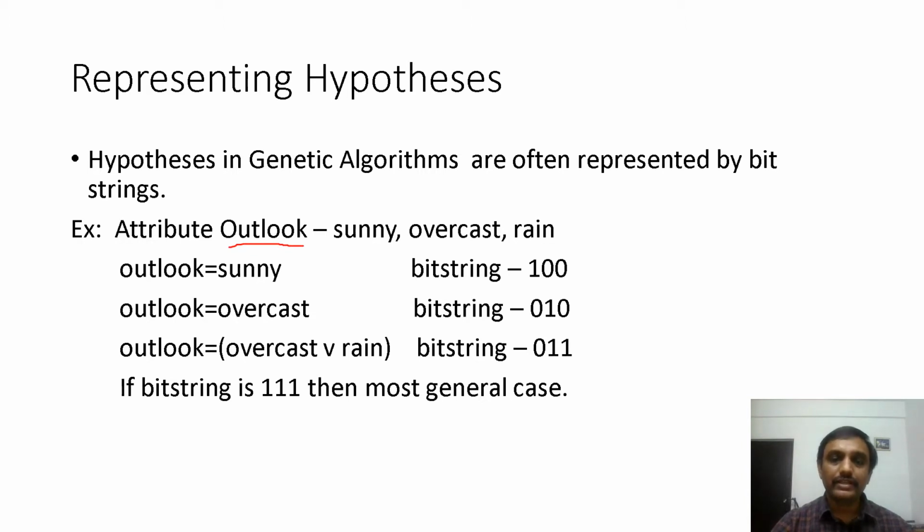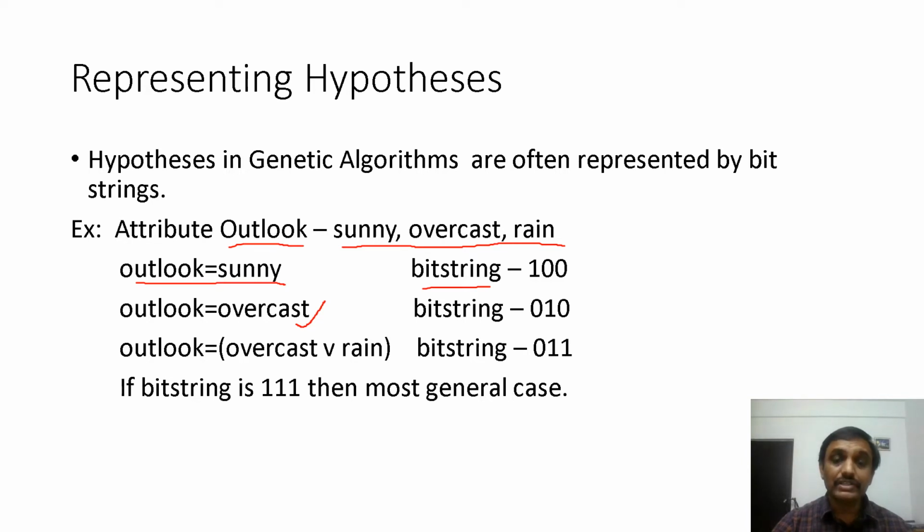This particular attribute contains three values: sunny, overcast, rain. If the outlook attribute value is sunny, then how to take the bit string? The first one is 100, because its outlook value is sunny. If outlook is equal to overcast, the bit string is 010.